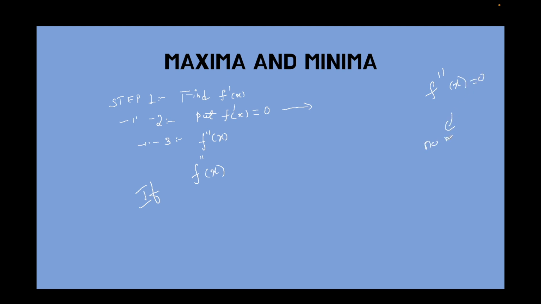No maxima and no minima at that point. That is called an inflection point. You learn it in class 12th. Not required. If f double dash of x is greater than 0, there is minima at that point.